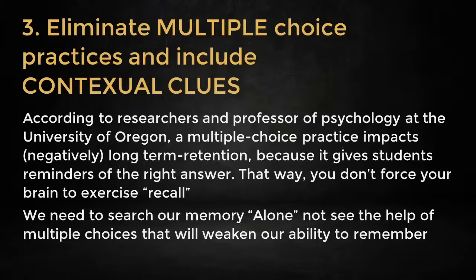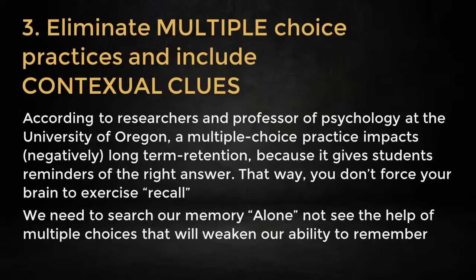According to researchers and a professor of psychology at the University of Oregon, multiple choice practice impacts long-term retention negatively because it gives students reminders of the right answer. That way, you don't force your brain to recall. Recall is a synonym for remember, okay?